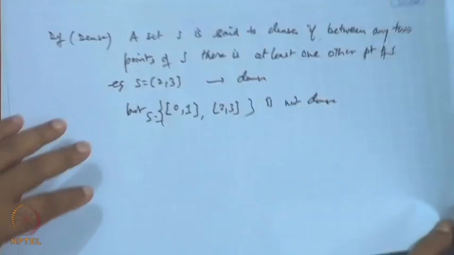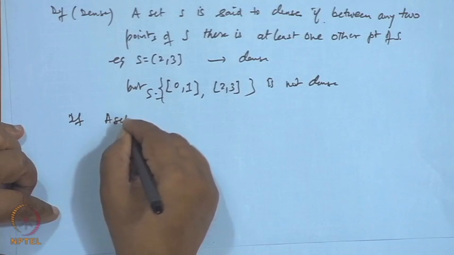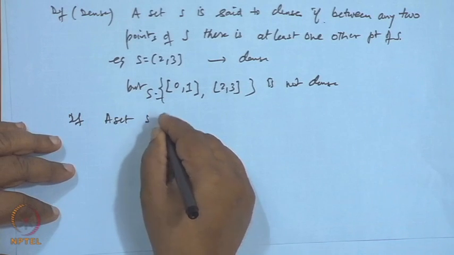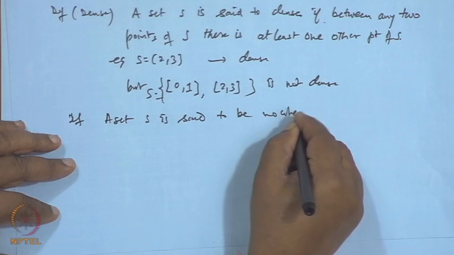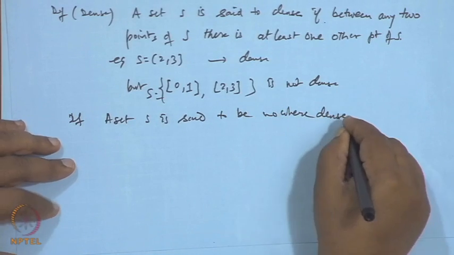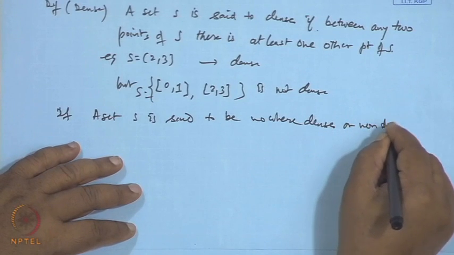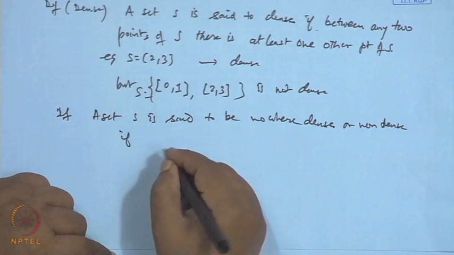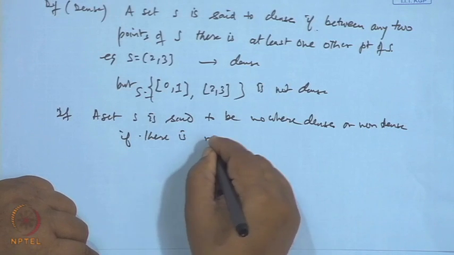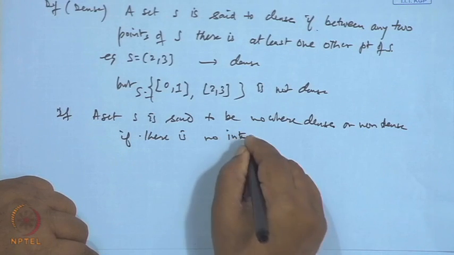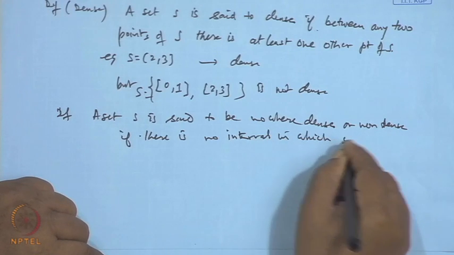A set S is said to be nowhere dense, or non dense, if there is no interval in which S is dense.